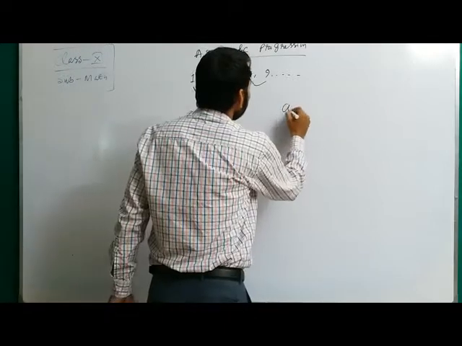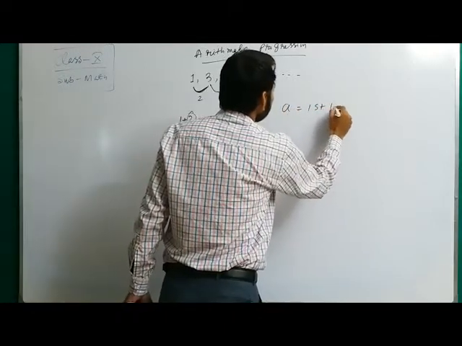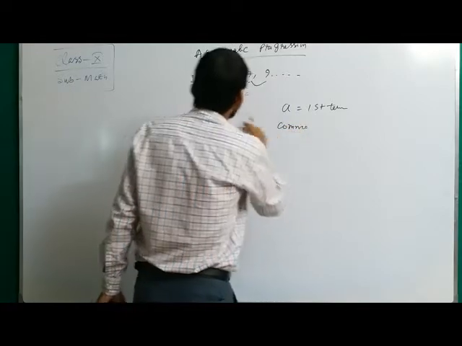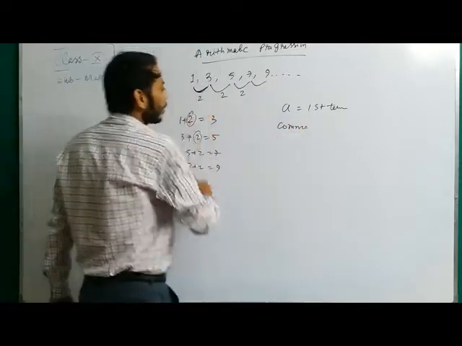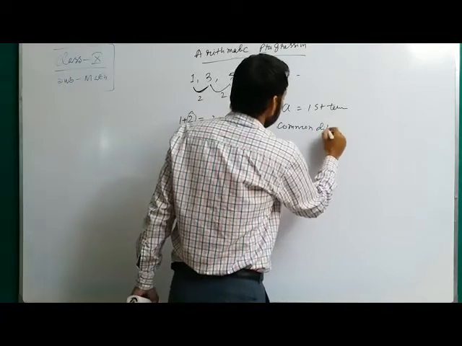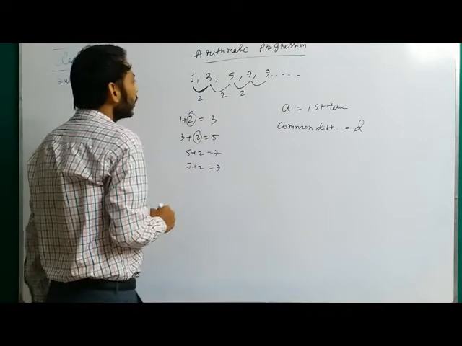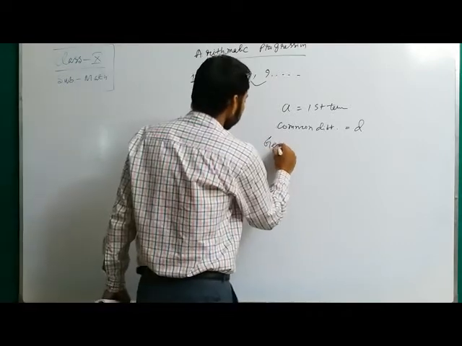So if I call the first term a, and the common difference, here 2, is called the common difference, d, then what will be the general form?